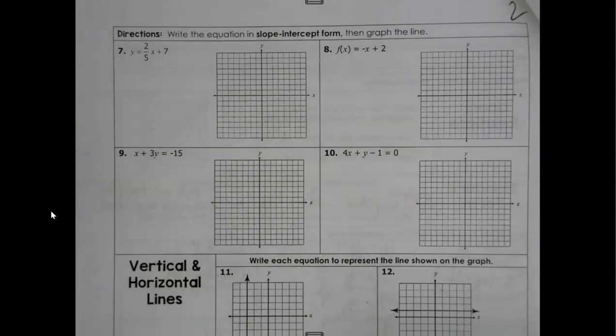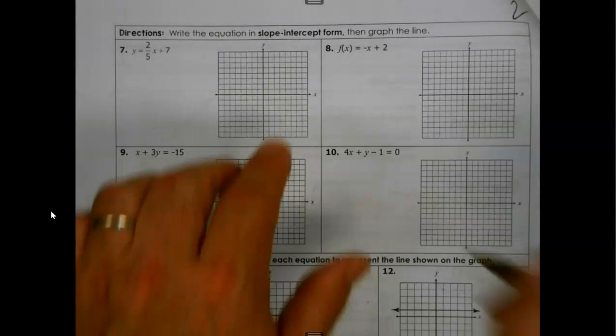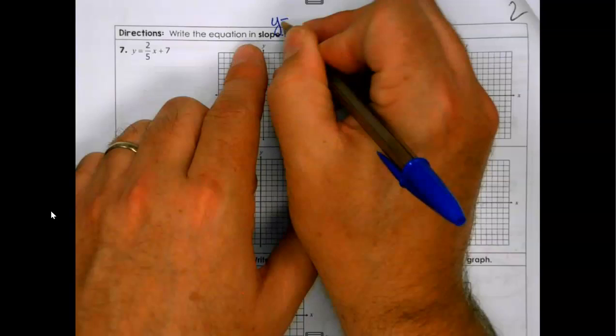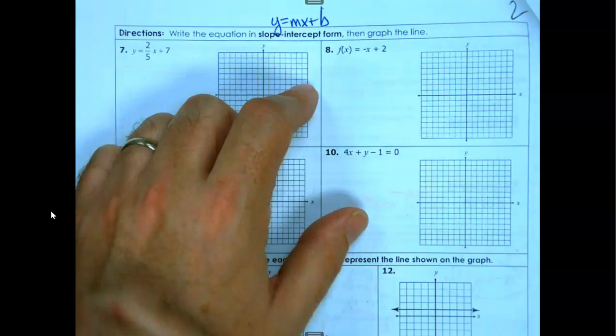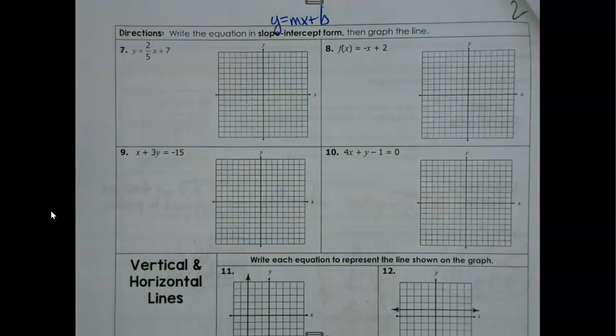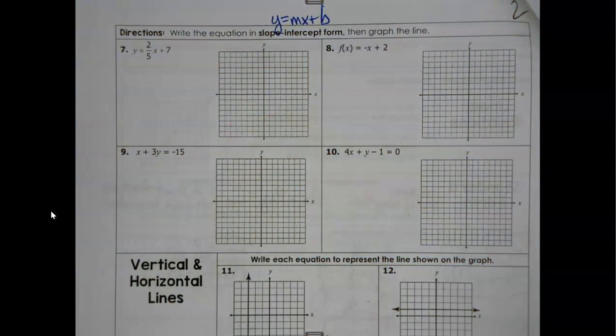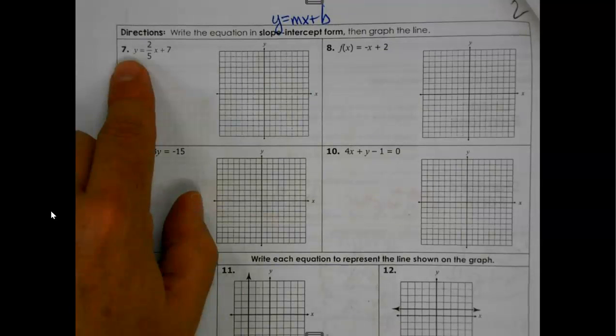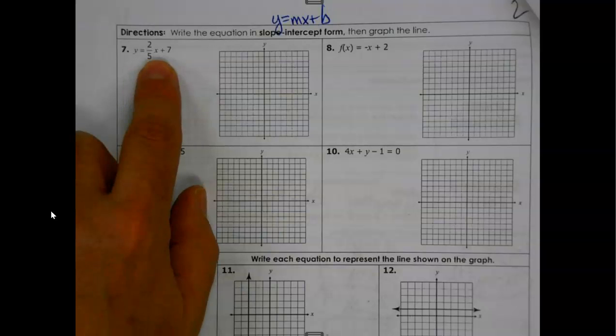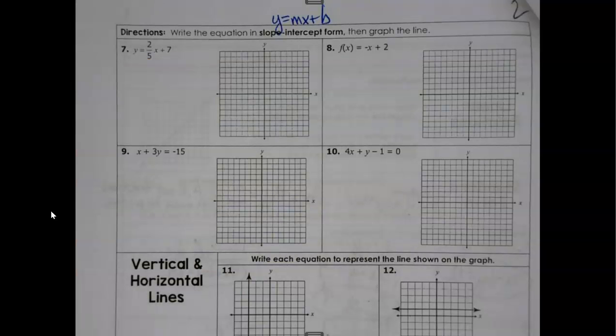Okay. Write the equation in slope-intercept form, if it's not already, then graph the line. Okay. Y equals 2/5 x plus 7. Hey, y is by itself. Mx plus b. Okay.